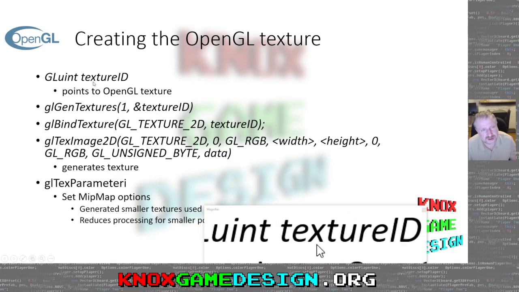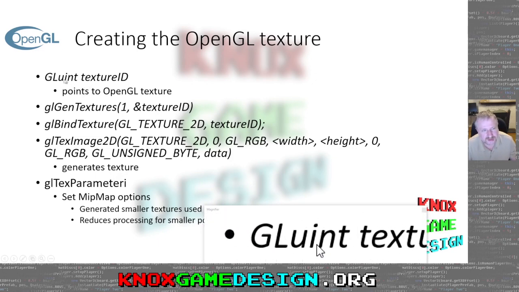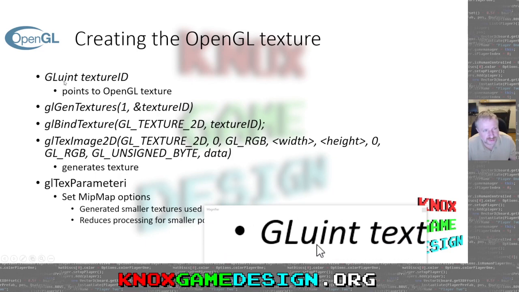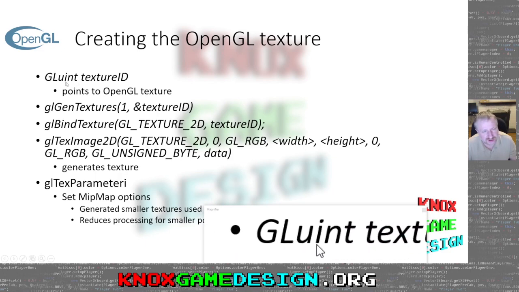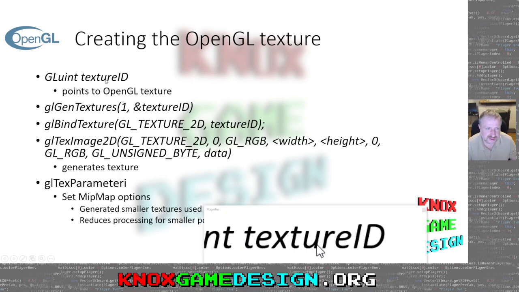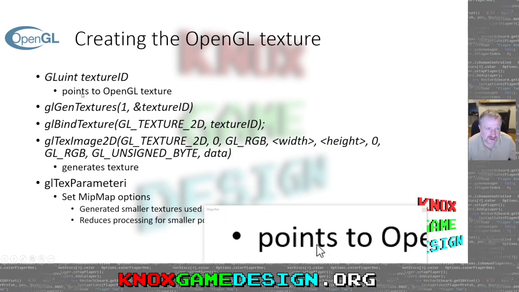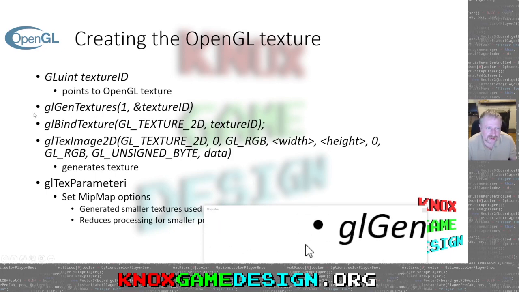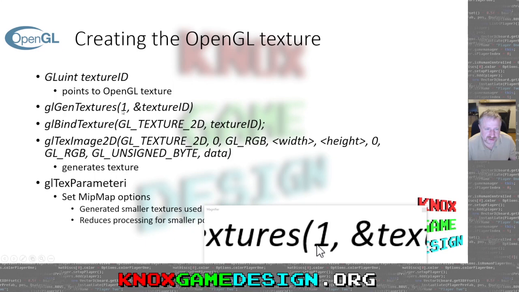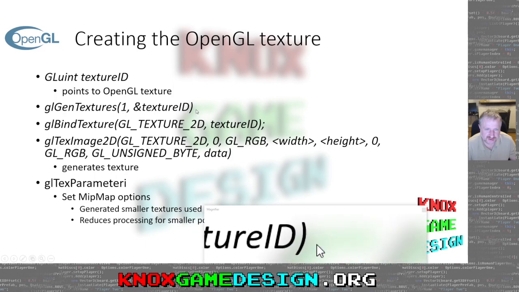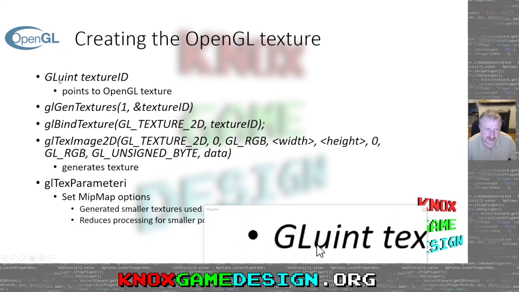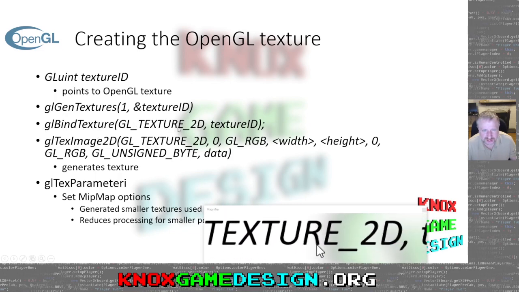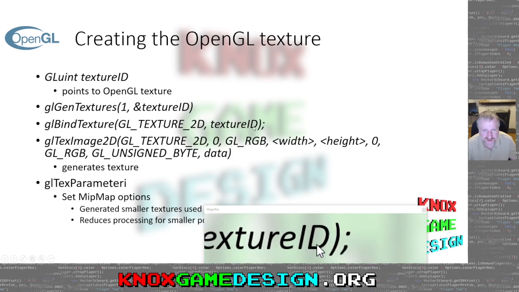So here are some OpenGL commands and structures you'll want to have. We have a GLuint, a GL unsigned int, which is the texture ID. That's going to point to our OpenGL texture. Then we're going to texture map. We have the command glGenTextures, passing 1 and the address of our texture ID. We're going to call glBindTexture with GL_TEXTURE_2D and pass in the texture ID.